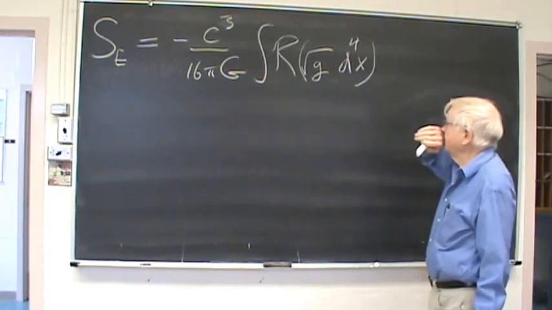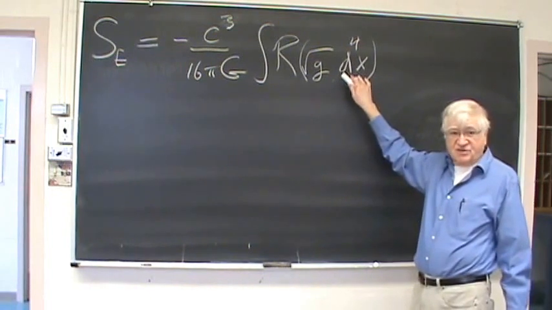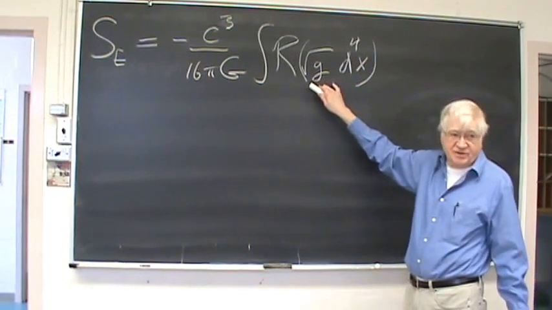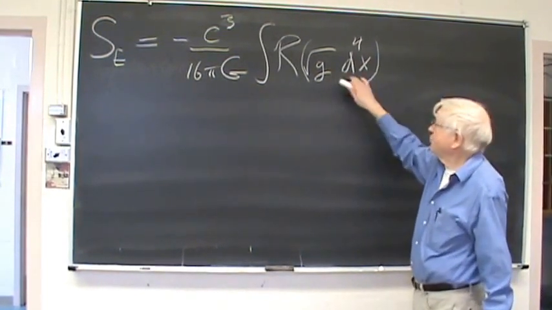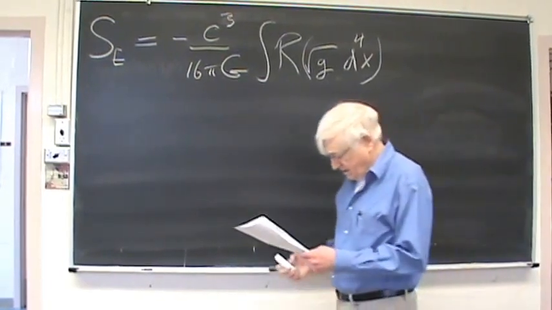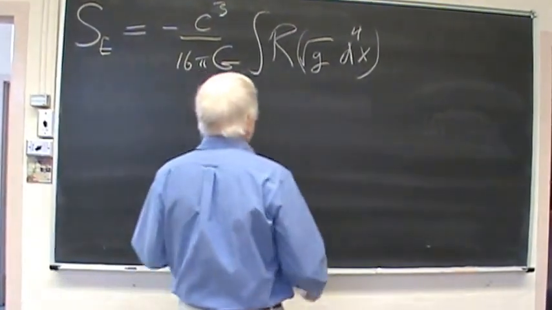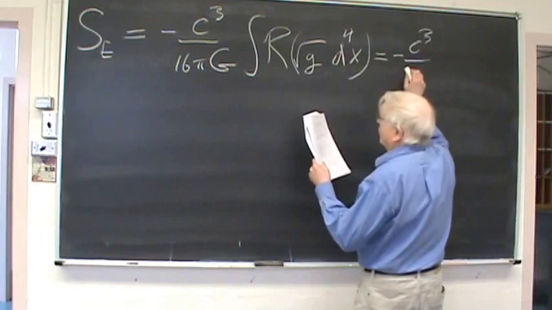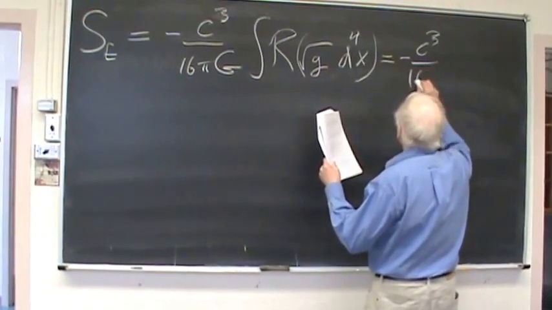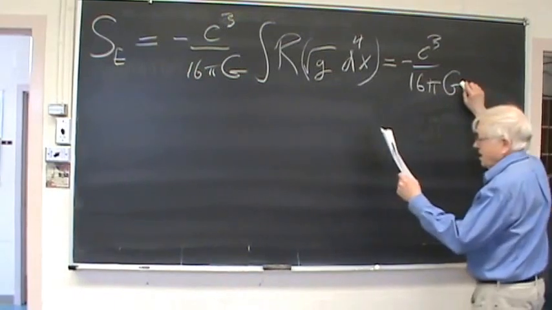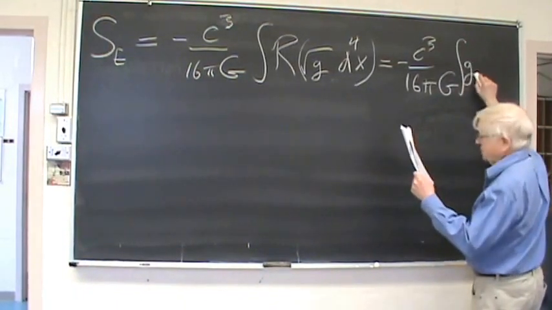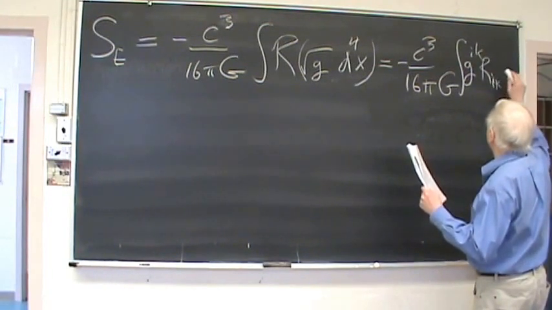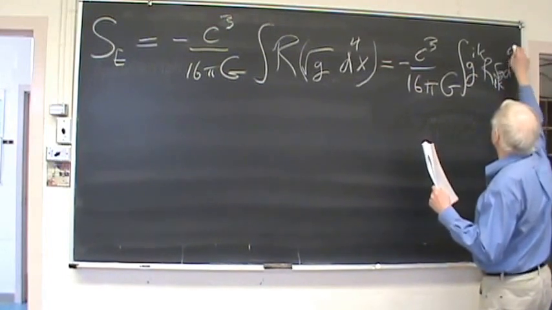When you make a coordinate transformation, the volume element transforms as 1 over the square root of the determinant, and so the product of the two is invariant. Another way of writing this is minus c cubed over 16 pi G times an integral of g^ik R_ik square root of g d4x.